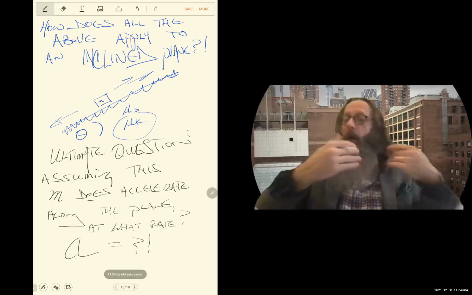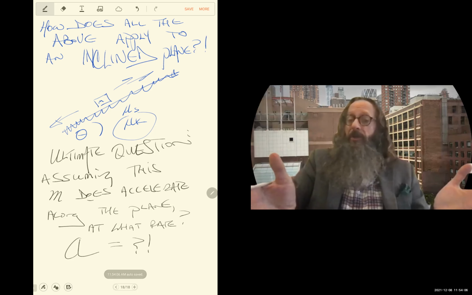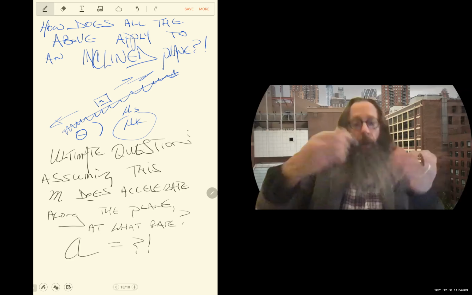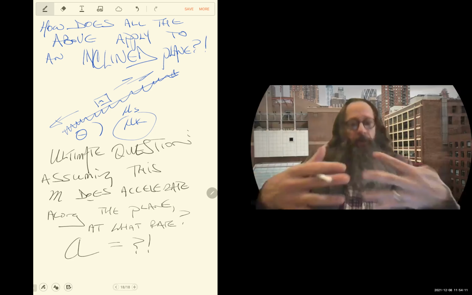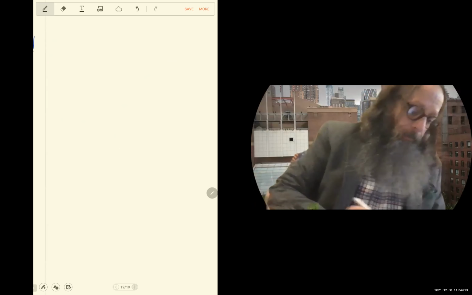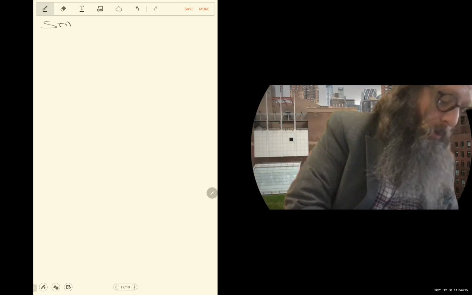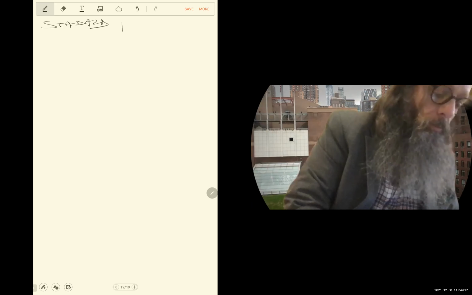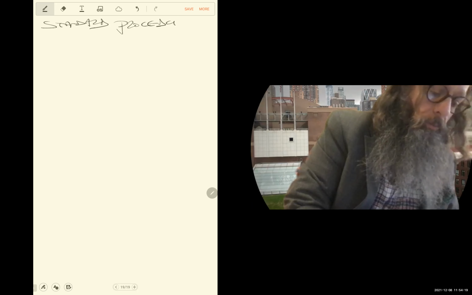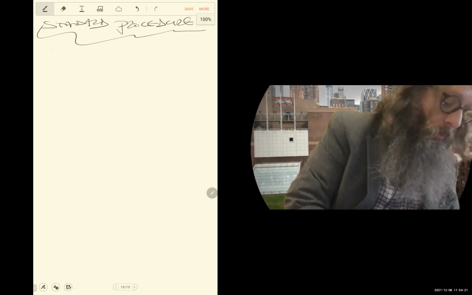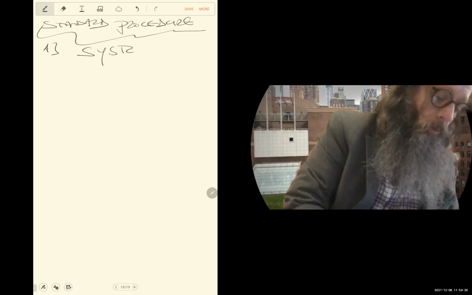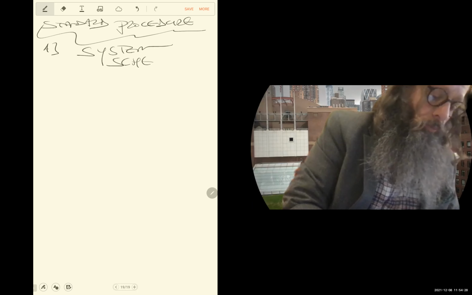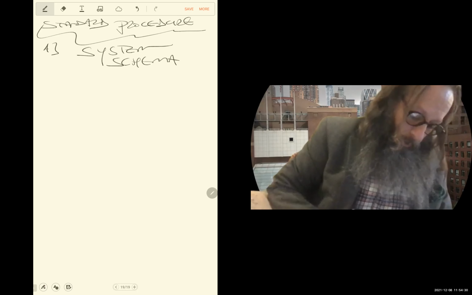First I'm going to do a system schema, like always. But I'm not going to talk about it as much. So system schema. Standard procedure. So here it is.